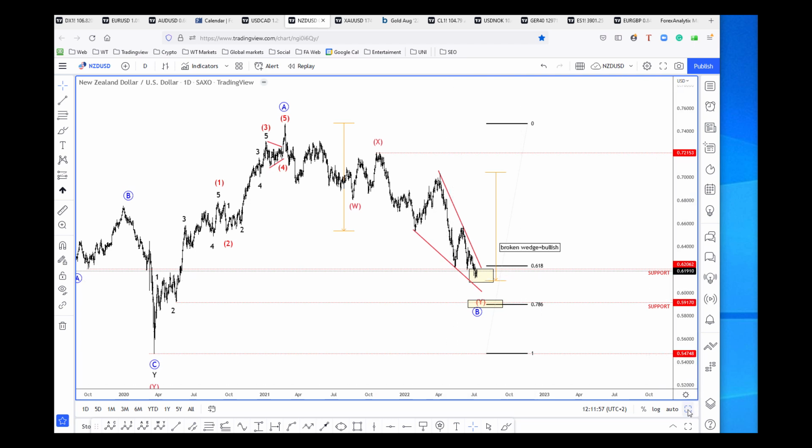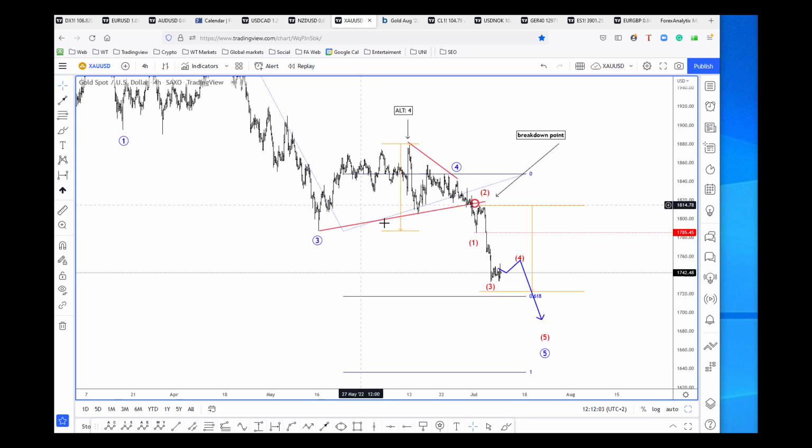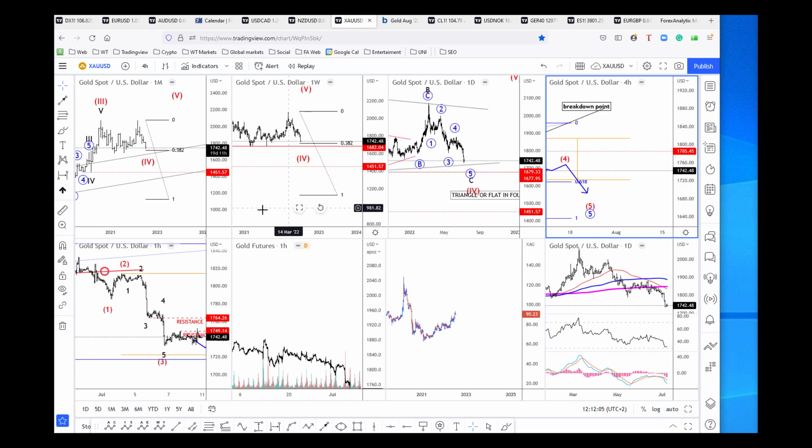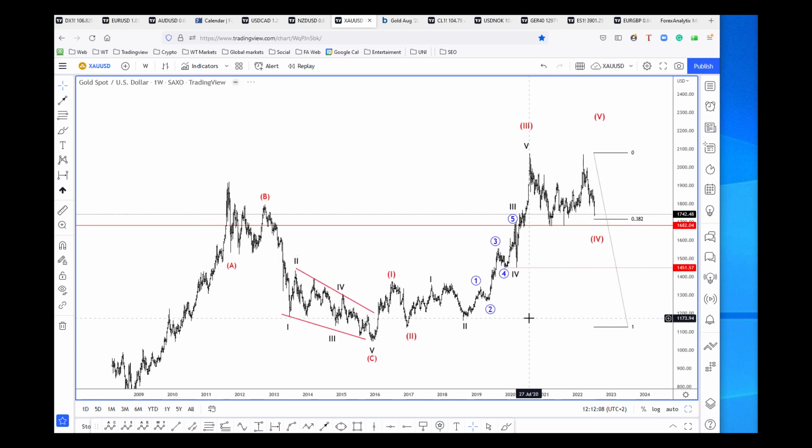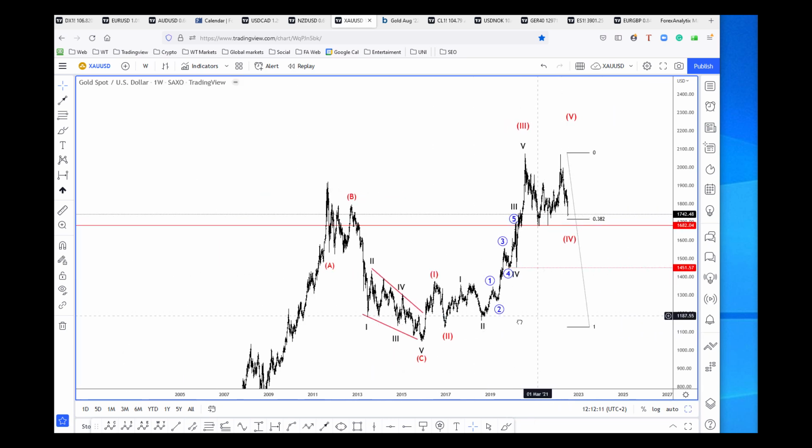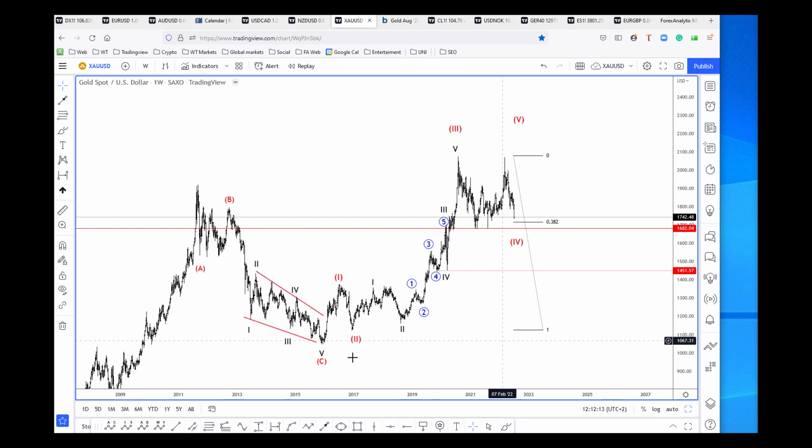Now let's take a look also at gold. Now gold, firstly, big picture, I still think that this uptrend is valid and is going to remain in play here for the next few months. However, this correction that we are tracking from all-time highs is still unfolding.